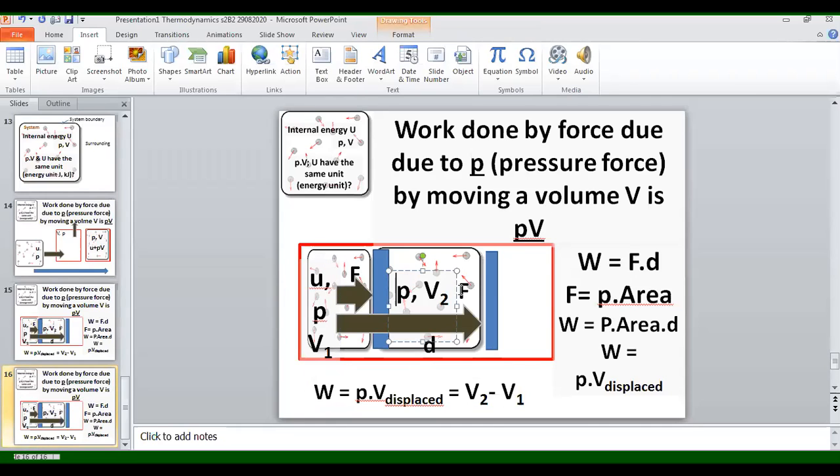Next slide, if you develop, let's say here initially it is U1, okay, and here with the expansion again you have U, but let's say that is U2.